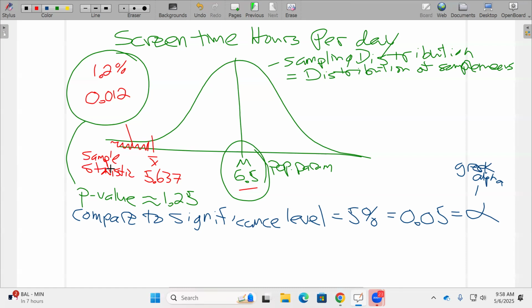So in this case, our p-value happened to be smaller than the significance level alpha. 0.012. I misrepresented my p-value there. I don't know how I got a 0.5 on that.